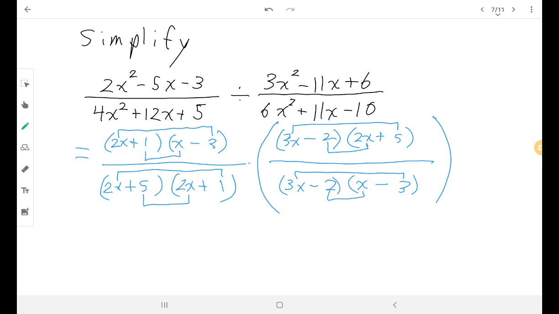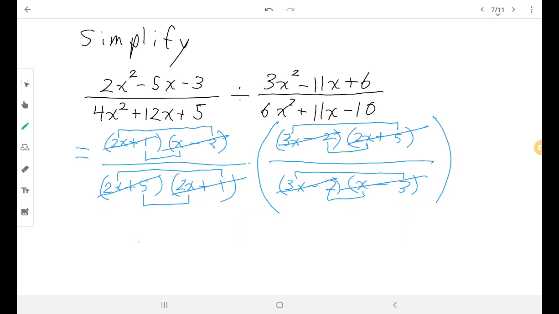Now that I've got everything factored, I'm going to look at it again and go, okay, what cancels? Well, the 2x plus 5 on the bottom and this 2x plus 5 on the top cancel. This 2x plus 1 can cancel with this 2x plus 1. This x minus 3 can cancel with this x minus 3.